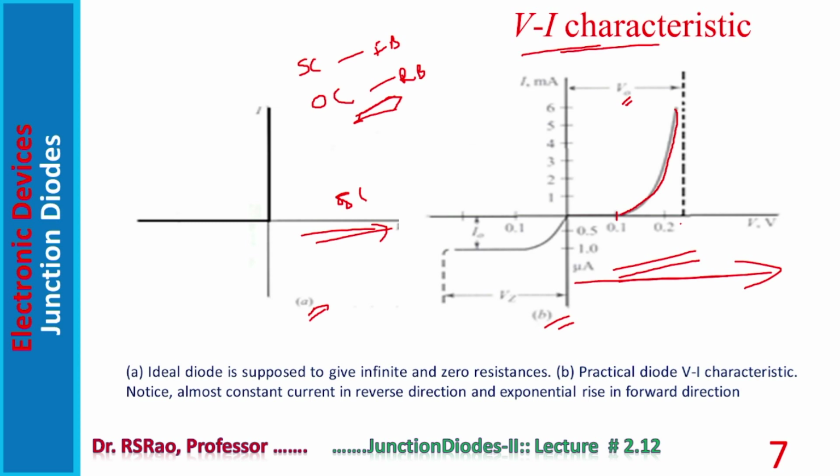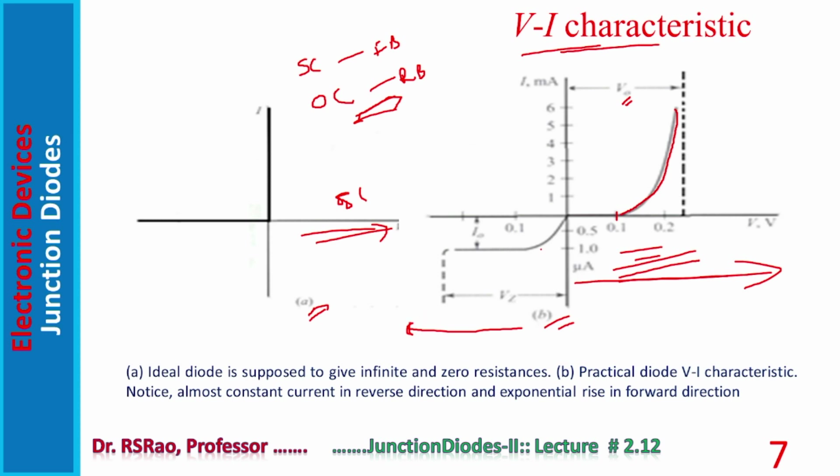The diode loses its barrier potential and it starts conducting heavy currents, resulting in permanent damage to the diode. So this is as far as forward biased diode is concerned. Now come to reverse direction. When applied voltage is negative, we say the diode is reverse biased.